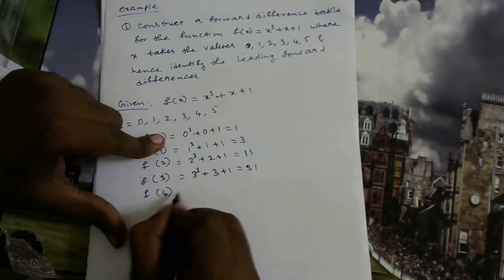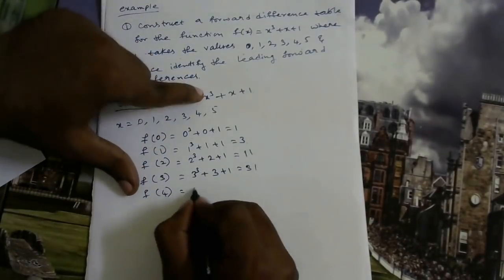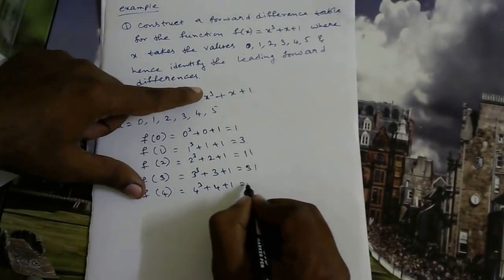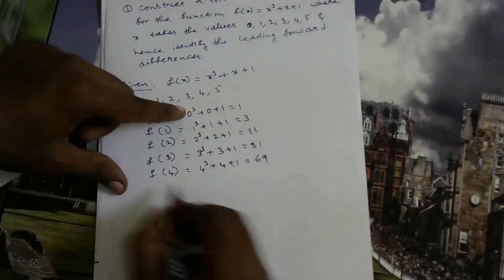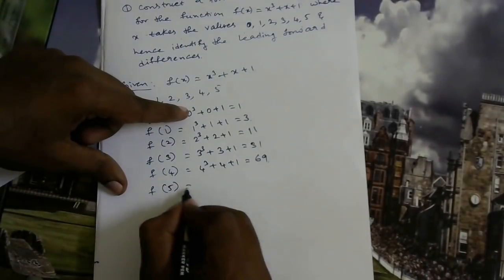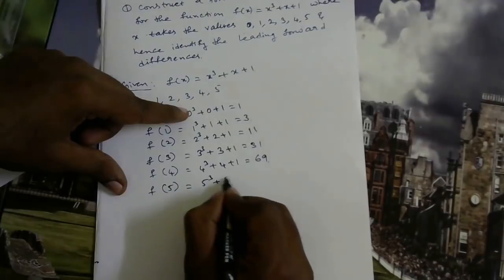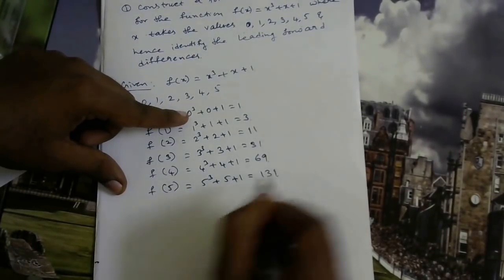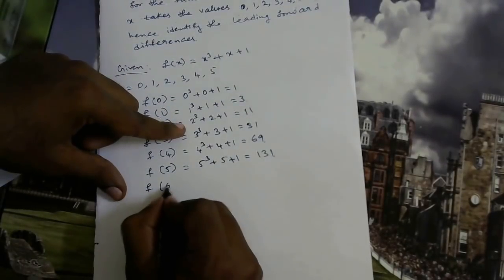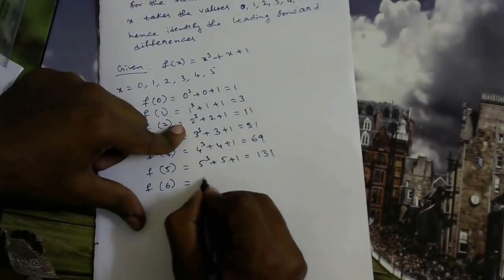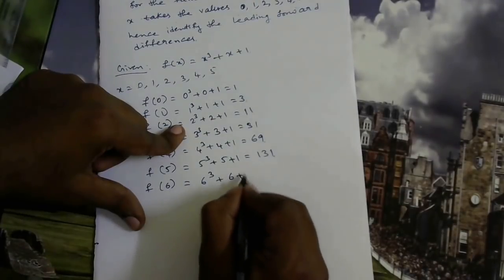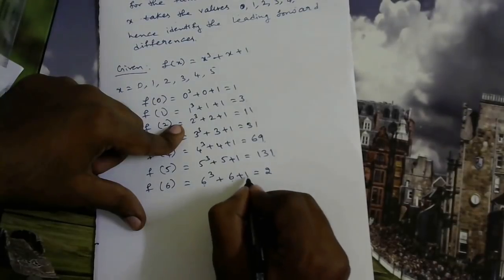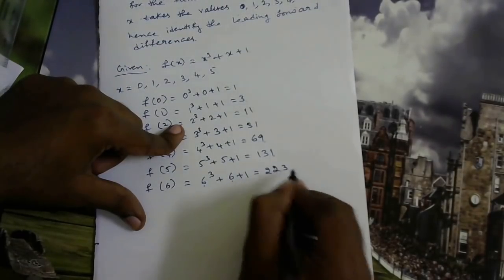Put x equals 4: 4 cube plus 4 plus 1, so you'll get 69. Put x equals 5: 5 cube plus 5 plus 1 equals 131. Put x equals 6: 6 cube plus 6 plus 1, 216 plus 6 plus 1, you'll get 223.